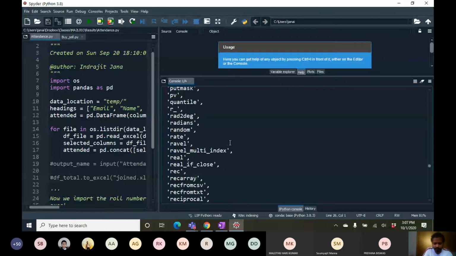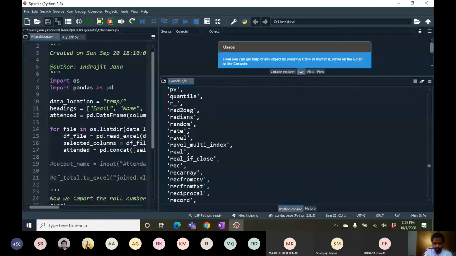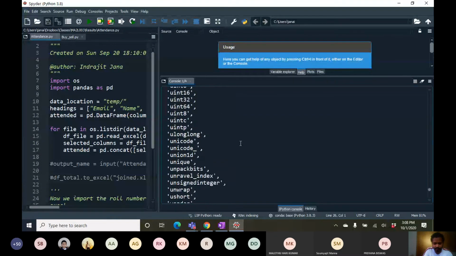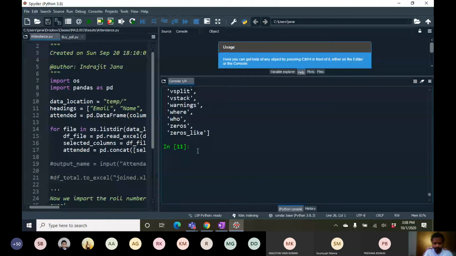I will be using the functionality in this module which is called random, because we are working with random variables. So numpy contains an object called random.